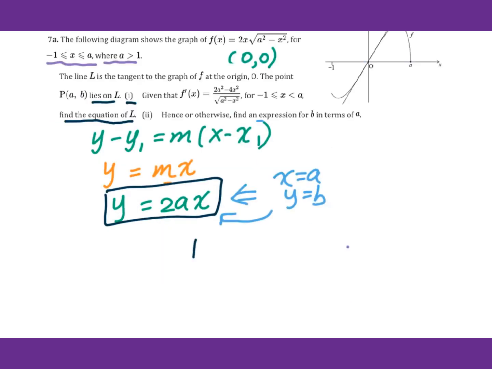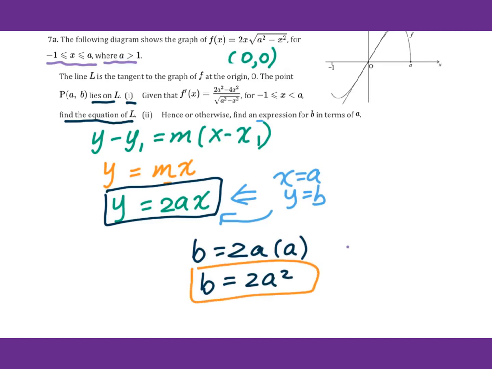Therefore, you will get b equals 2a times a. b equals 2a squared. This will be the relationship between a and b. That's it.